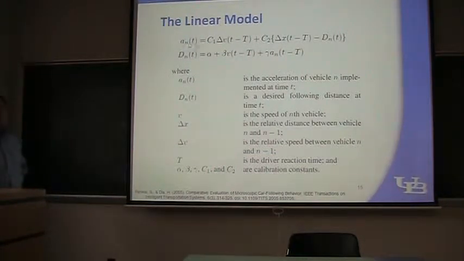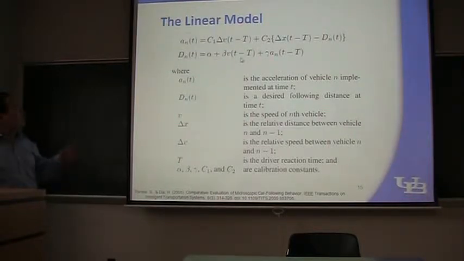This acceleration will be a constant multiplied by the speed velocity difference, plus another constant multiplied by the relative distance, minus the desired following distance. The only difference here is the following distance is a function of velocity and acceleration.